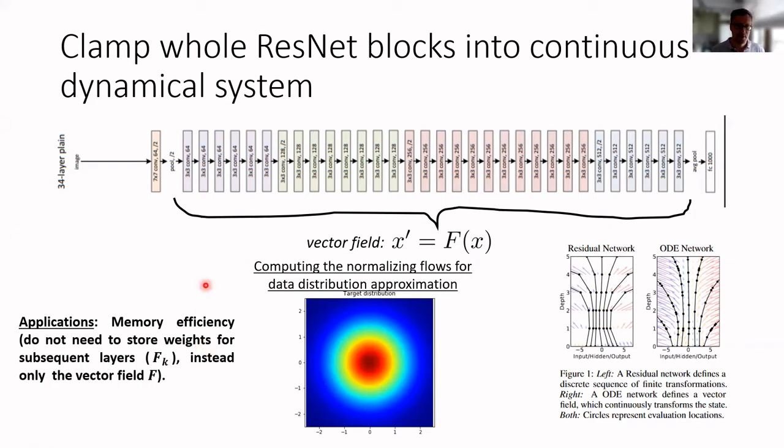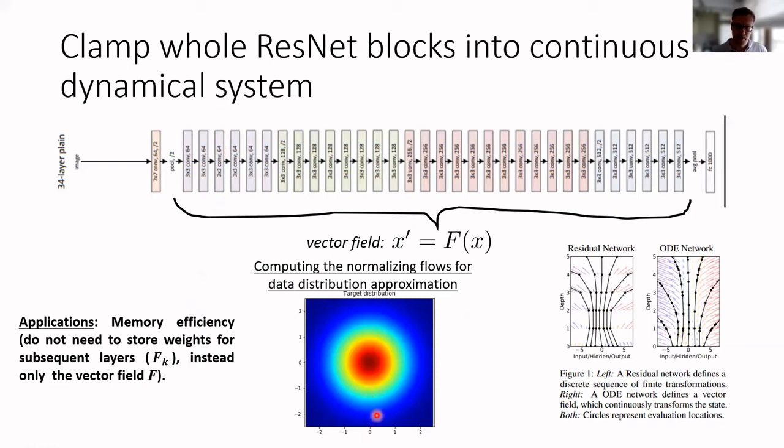Instead of storing weights for each layer, where there can be hundreds of layers, and each layer has thousands, even millions of weights, you just keep one layer, one set of weights. And if you do this, it will have the same accuracy.